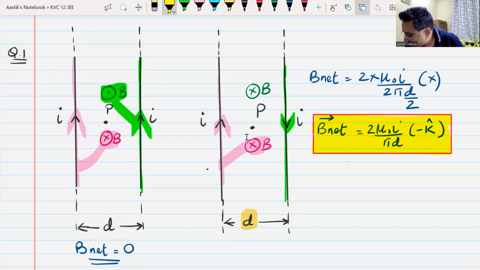This is diagram number 2. This distance is R, this distance is R.